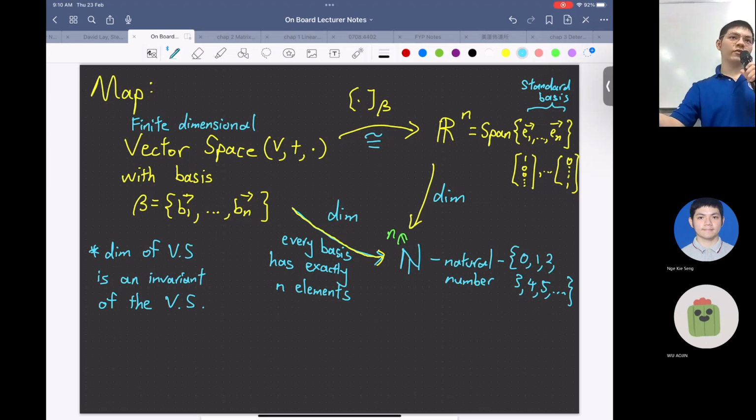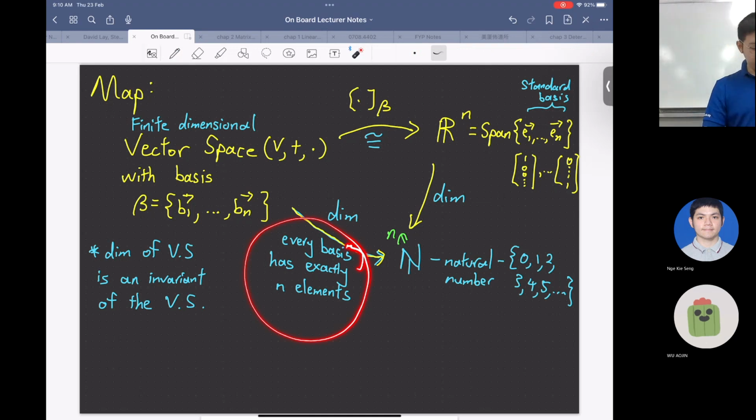One vector space has one dimension, where you count the number of vectors in your basis, because we have this theorem here: every basis has exactly n elements. If you change your basis, you will still have n elements. Change to another basis, you still have the same number of elements. You won't increase or decrease.